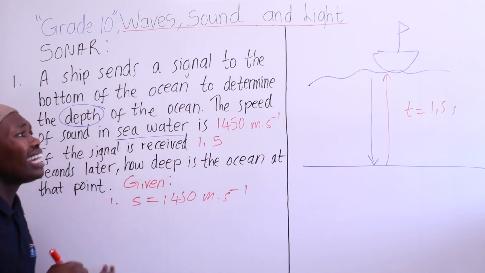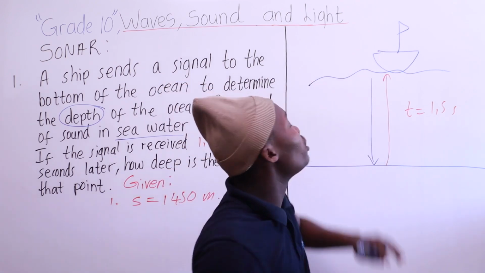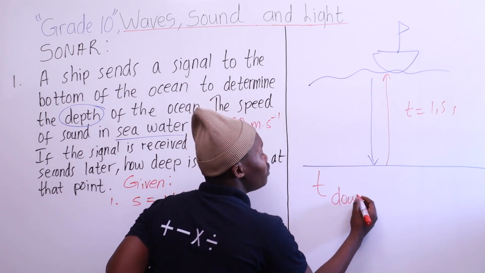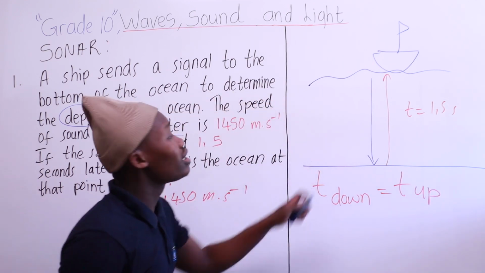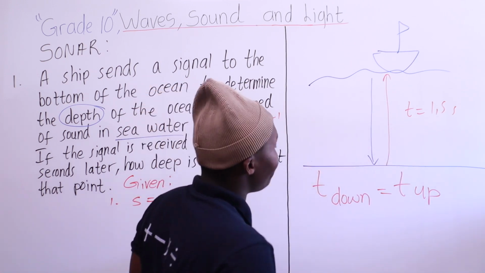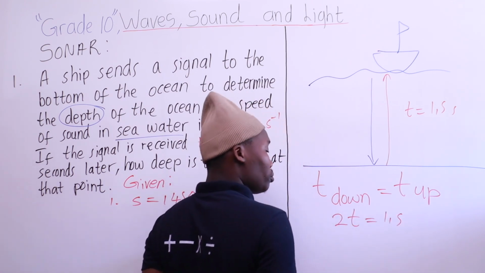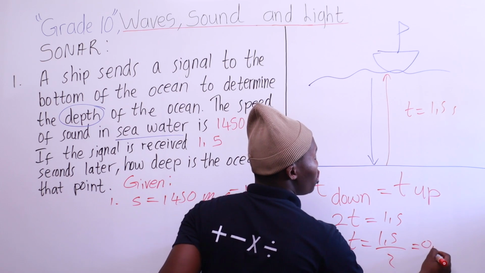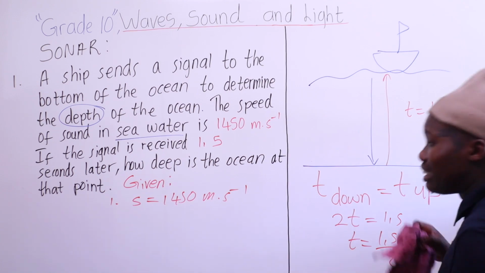But to know how deep the ocean is, we need only the time of going down or going up. What we know is that the time of going down is equal to the time of going up. So 2t equals 1.5, so t equals 1.5 divided by 2, which is 0.75. You will use this as part of your calculation.